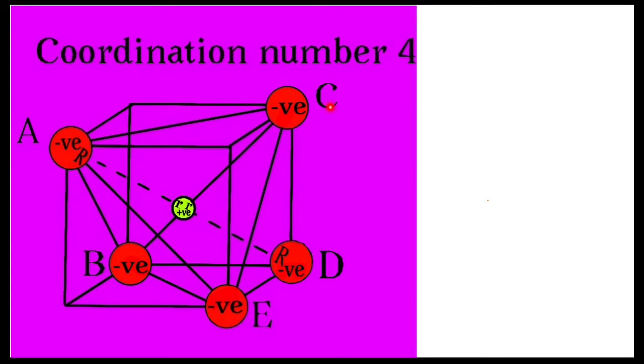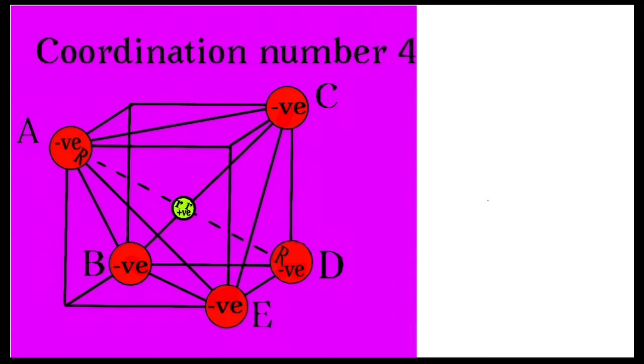In this triangle A, C, D, we have a face diagonal and a body diagonal or a cube diagonal. AC is the face diagonal and AD is the body diagonal or the cube diagonal. Now let's discuss it.